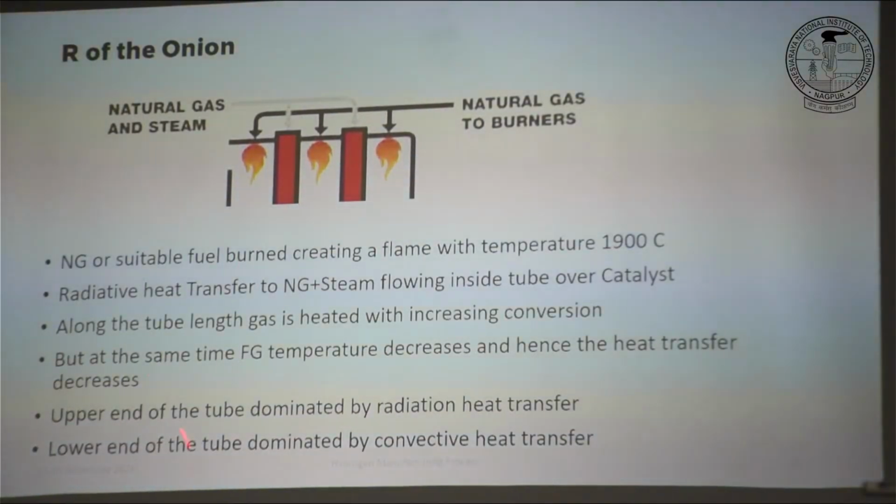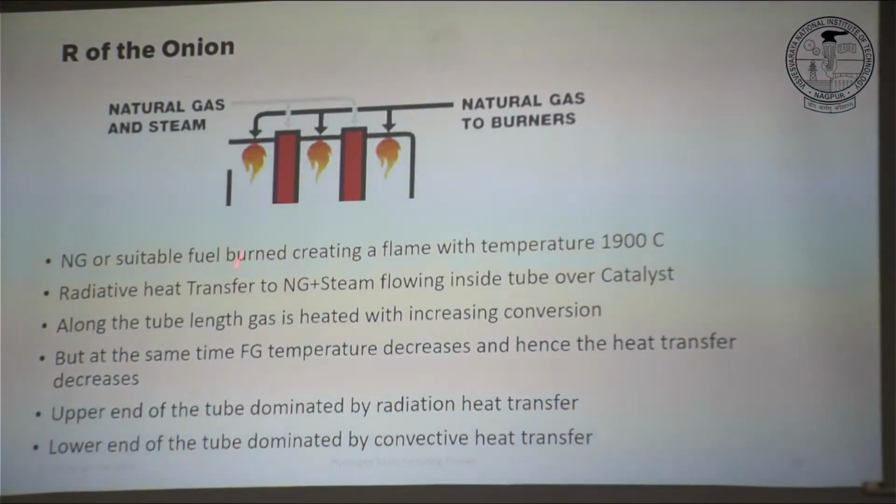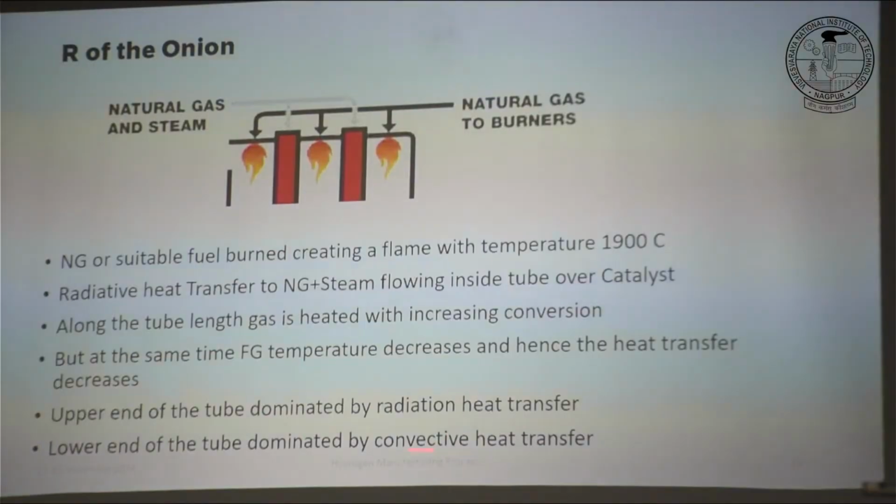So last two lines, you could imagine yourself, in the starting you have a very big flame. So generally this flame is 2 meters, 2.5 meters long, right? So in the first few meters of the tube length, you have very high radiative heat transfer, but as you go further along the tube length, the majority of heat transfer is taking place via convective heat transfer, right?